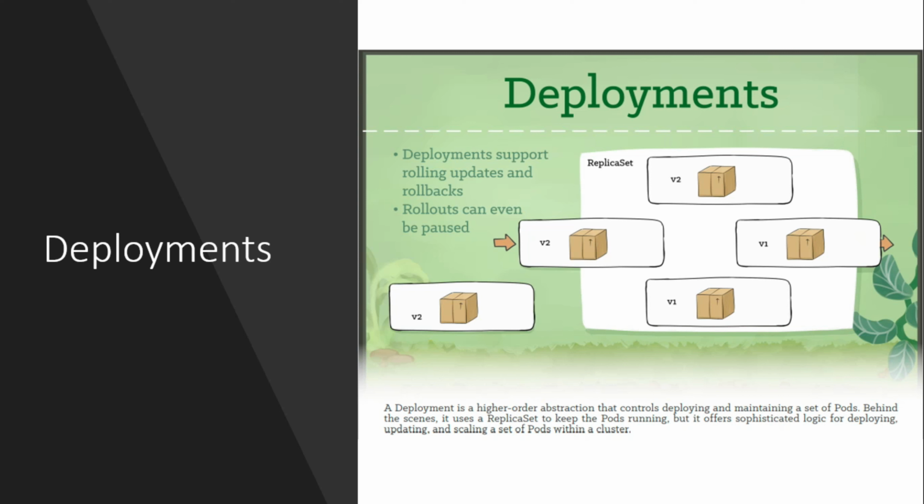Behind the scenes, as I said some time back, it uses replica set only to keep the pods running, but it offers a bit of sophisticated logic for deploying, updating, and scaling a set of pods within the cluster.